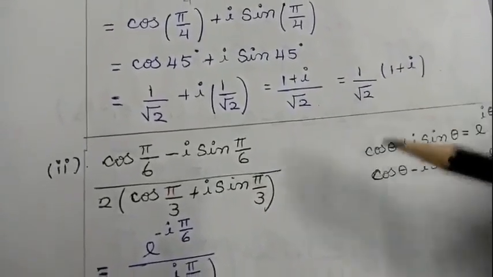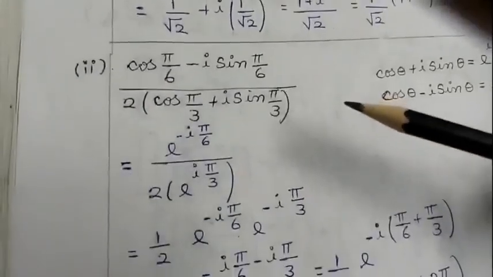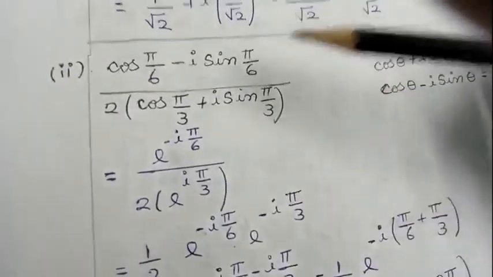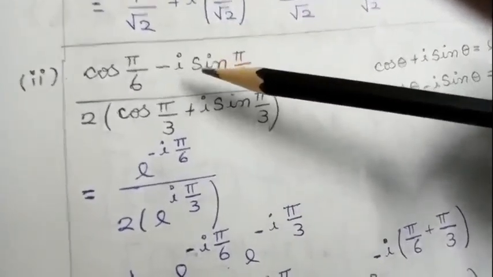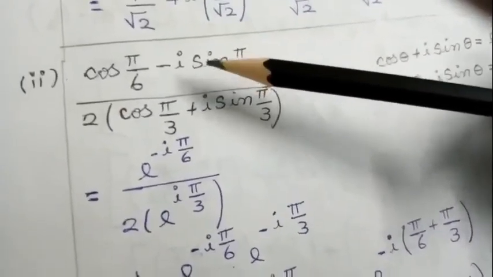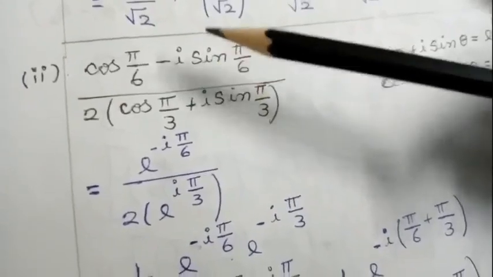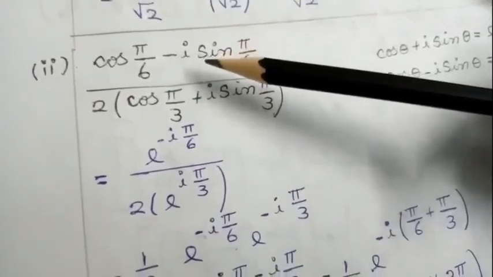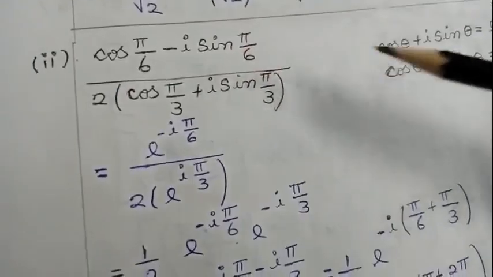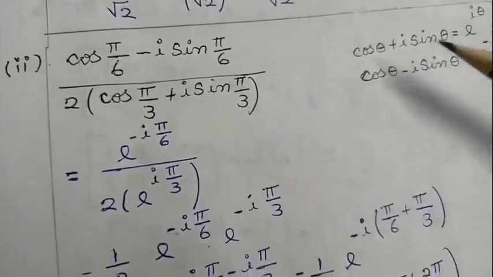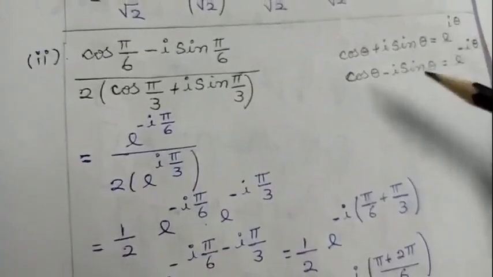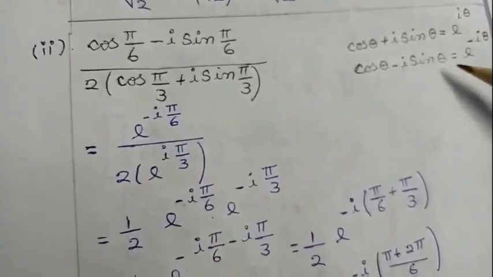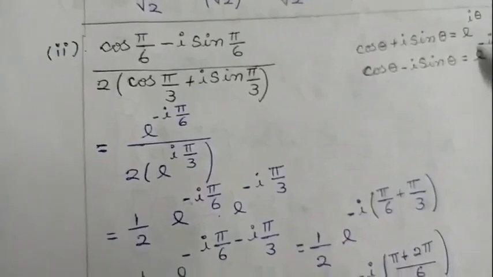Coming to the second sum. There is a problem in the second sum because you are having a negative sign in the numerator part. According to the property, in your question you must have only a positive sign. Since I am having a negative sign, I am going to use this condition. That is, cos theta plus i sin theta is equal to e to the power i theta. Cos theta minus i sin theta is equal to e to the power minus i theta.